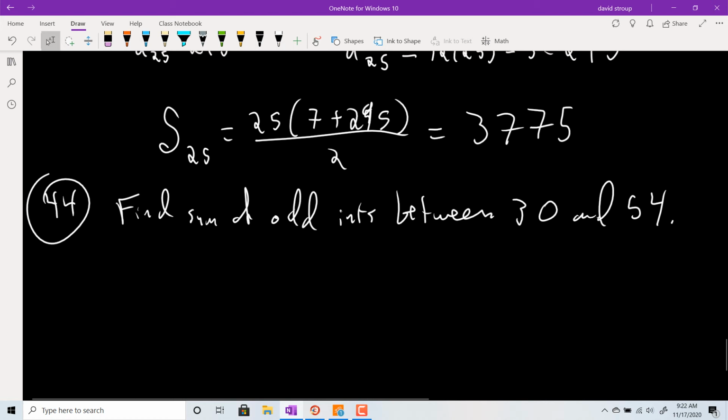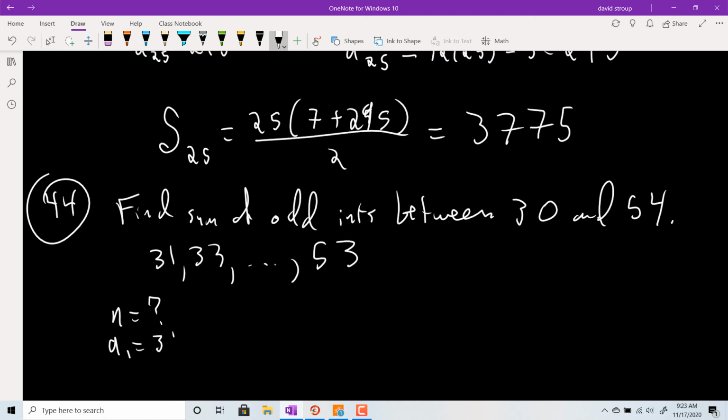Well, the odd integers: 31, 33, all the way up to 53. I don't know how many there are, so I have to figure out n. That's pretty much the only thing I need to figure out, because a sub 1 is 31, and the last term is 53. I need to figure out how many terms there are.